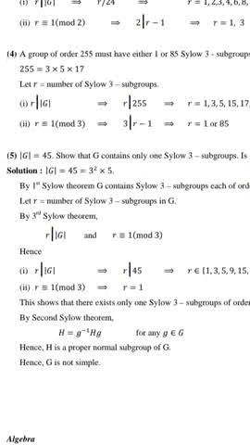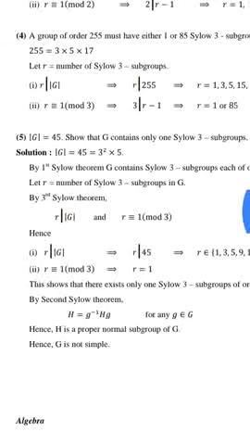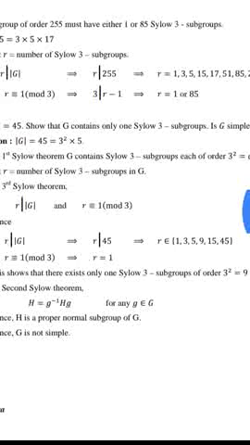Let R be the number of Sylow 3 subgroups in G. By the third Sylow theorem, R divides the order of G, and R is congruent to 1 modulo 3. Hence, R divides 45.